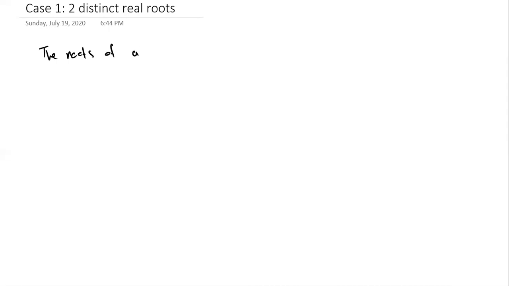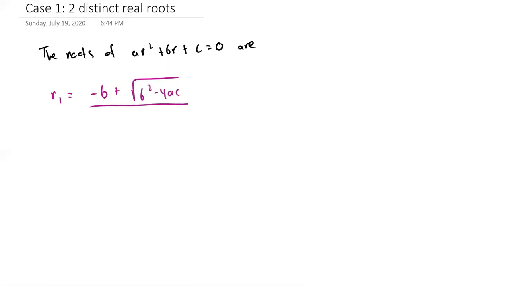In this case, the roots of ar squared plus br plus c equals 0 are, right, we just wrote them before, I'm just going to write them again. r1 equals negative b plus square root of b squared minus 4ac over 2a, right? And r2 equals negative b minus the square root of b squared minus 4ac all over 2a.